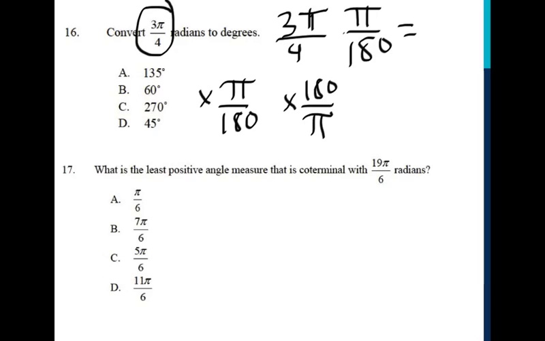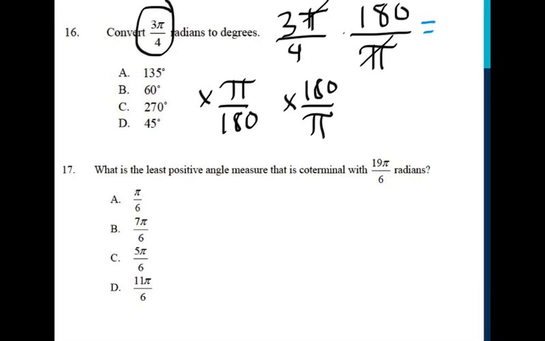That's ugly. I don't want that. So then I know that I have to go 180 over pi because, whoopah! Those pi's cancel out, and I'm left with 180 times 3 divided by 4.